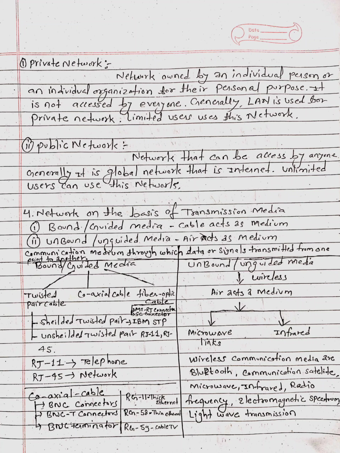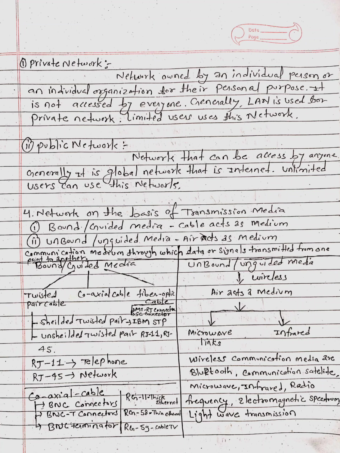Shielded twisted pair, IBM STP, is the example of shielded twisted pair. Unshielded twisted pair: RJ11 and RJ45 are the examples of unshielded twisted pairs. RJ11 is used for telephone, while RJ45 is used for network. Coaxial cable: BNC connectors, BNC T connectors, and BNC terminators are used in coaxial cables.